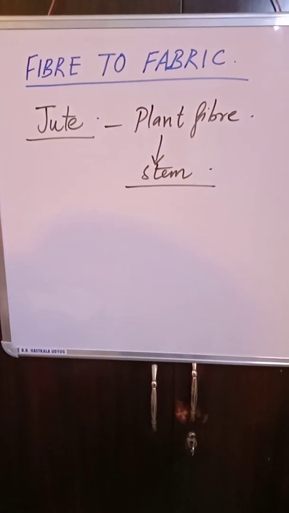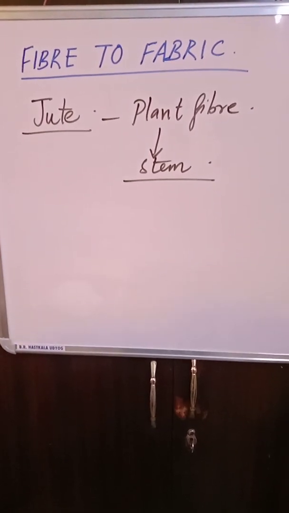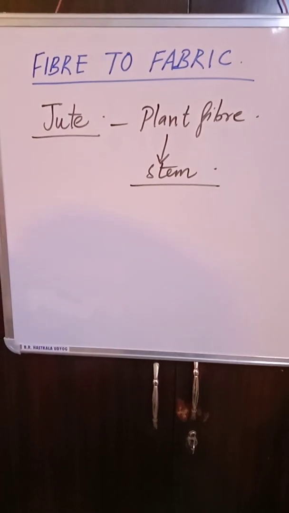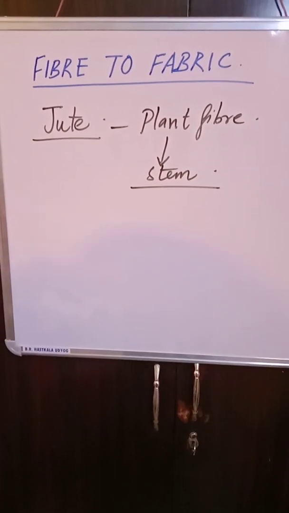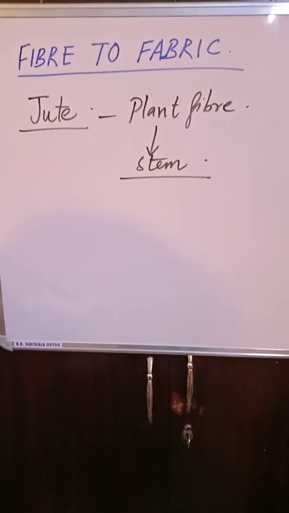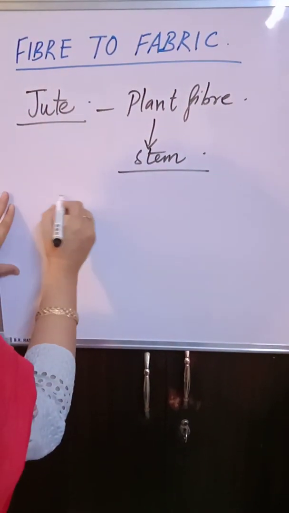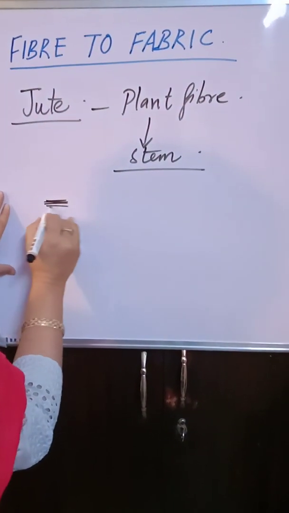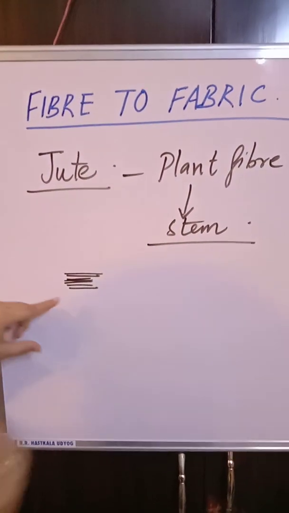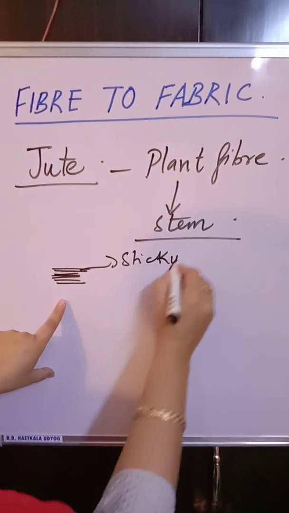What people used to do in order to obtain jute is what we are going to study right now. Jute fiber is obtained from the bark, we know. The fibers are naturally glued together by a sticky substance, and we need to remove that sticky substance in order to obtain the fiber.